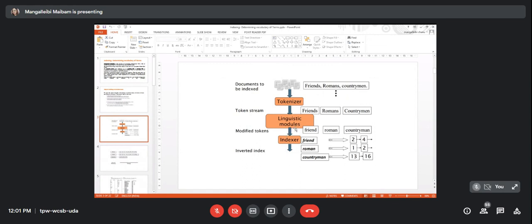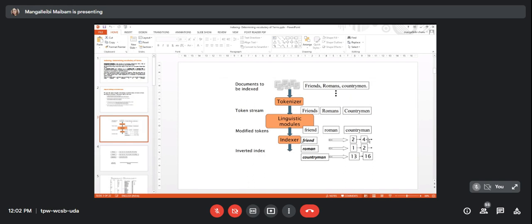We take out the plural forms and the capitalization, the capital letters in Romans, Friends, and Countrymen. Everything is normalized into friend, Roman, countryman. So plural has been converted into singular. And finally, we convert it into the inverted index.